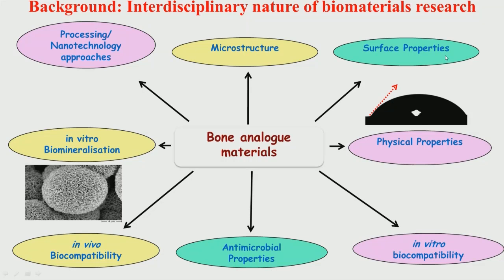Now, surface properties are important, as I said, because biocompatibility or cell material interaction is a more surface mediated phenomenon. So, how the biomaterial surface behaves, whether it is hydrophilic or hydrophobic, is important. Physical properties in terms of strength, fracture toughness, and elastic modulus or stiffness are among the major properties of relevance for biomaterial applications.